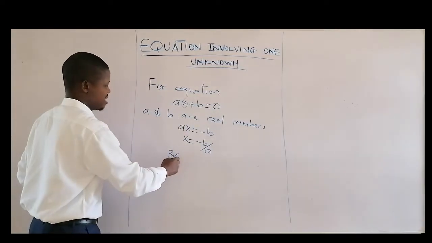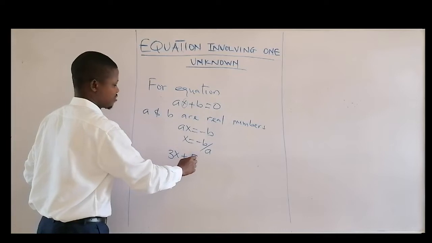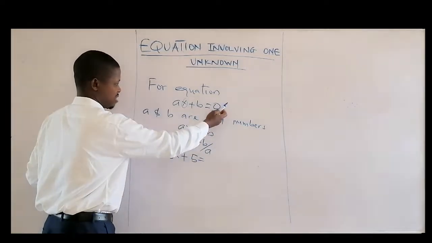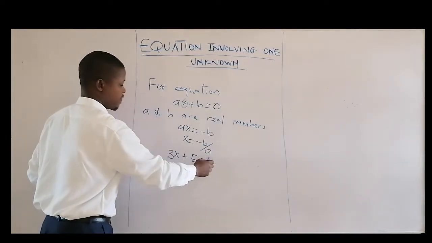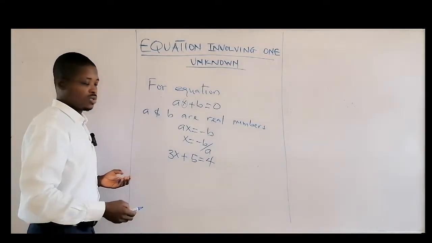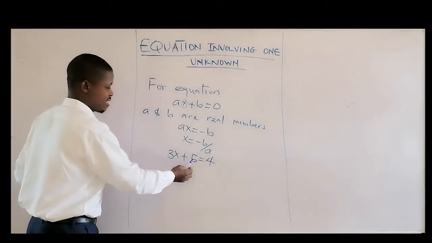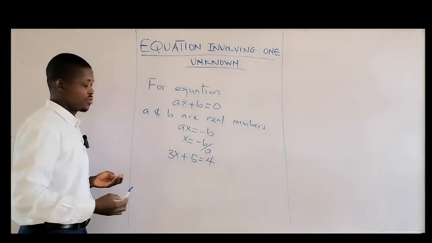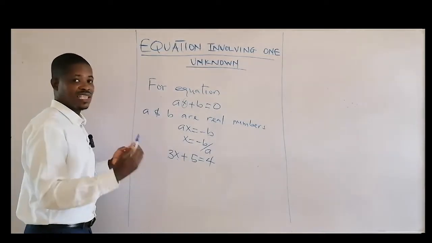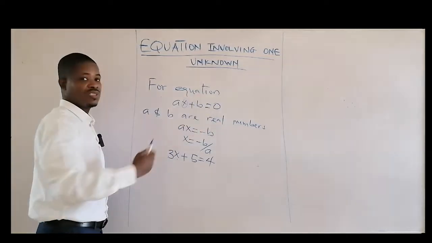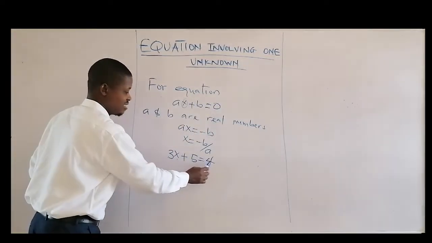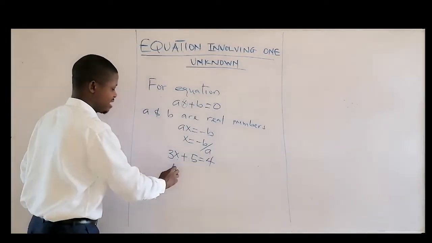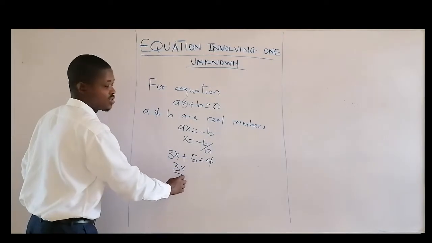We can expatiate on this further. Since we said a and b are real numbers, probably this will be 3x plus 5 equal to, it could be anything, this 0 could be 4, for example. You can see these are real numbers. We can get the x variable by collecting like terms. This is a constant, this is a constant. You move them together and leave the unknown on one side.